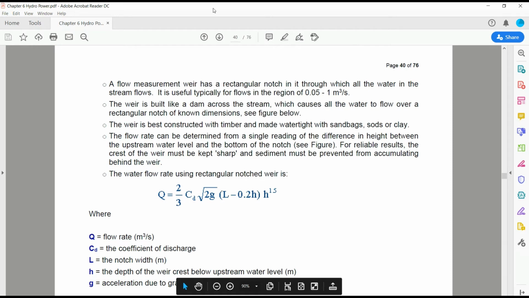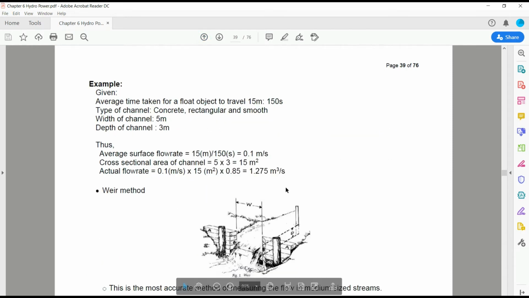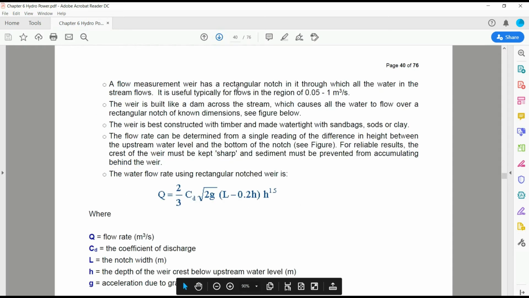So this H is actually the D, from the upstream water level to the crest of the notch. Multiplied by H to the power 1.5. Please make a correction here. This is H to the power 1.5.